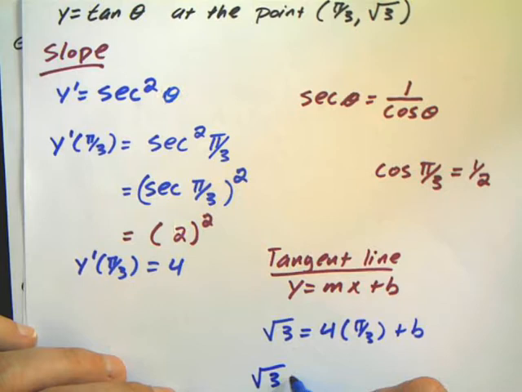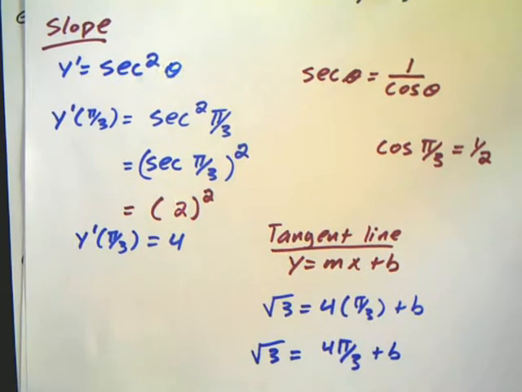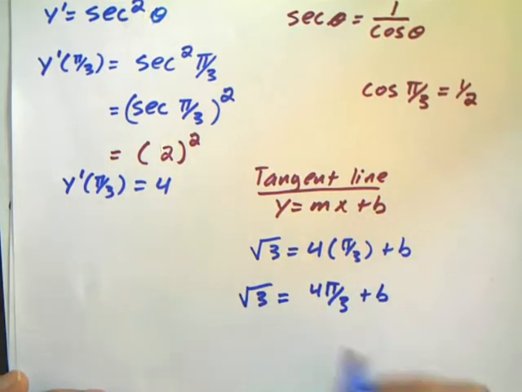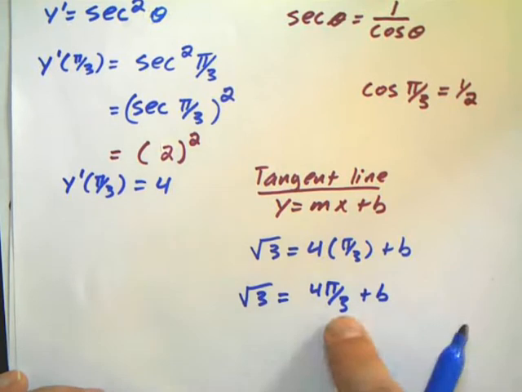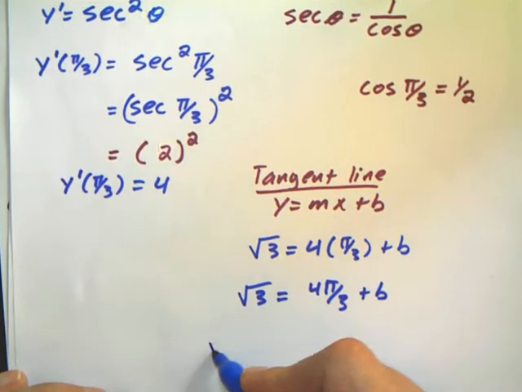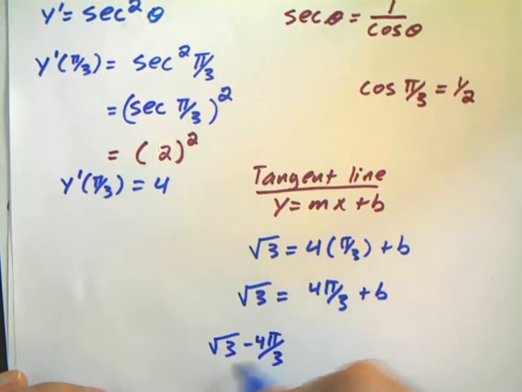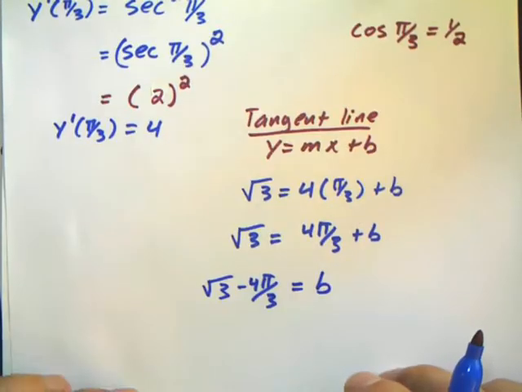So square root of 3 is equal to 4 pi over 3 plus b. Now, this is not going to give me a nice whole numbered answer or a nice fraction. It's going to be some bizarre expression, but I can still solve for b by moving this over. So square root of 3 minus 4 pi over 3 is what b is equal to.